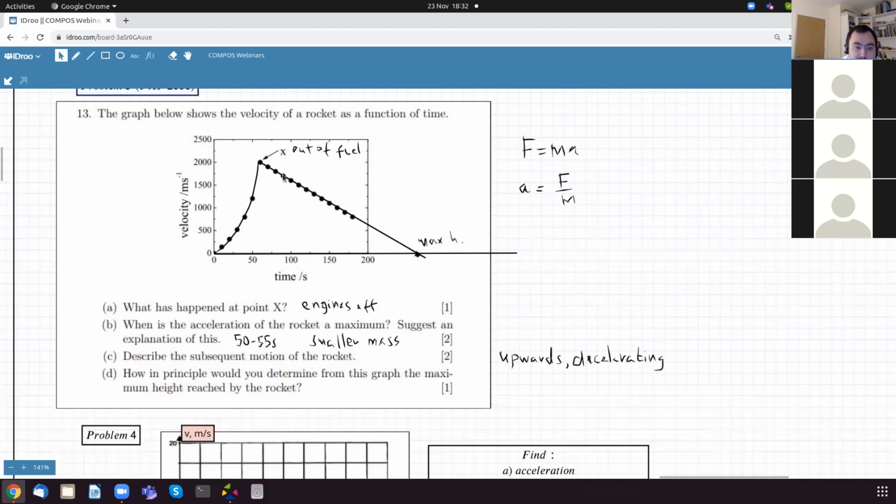And if we continue the graph, then somewhere here it will reach the ground. So it touches the ground and very quickly decelerates. Well, assuming it crashes into the ground. So this is the crash.